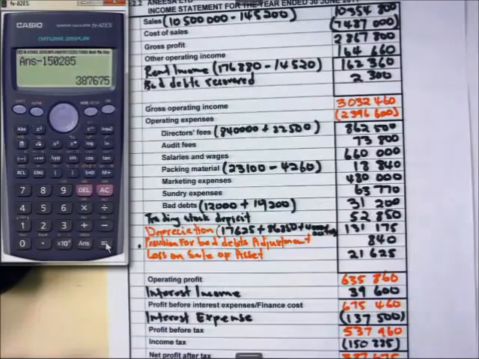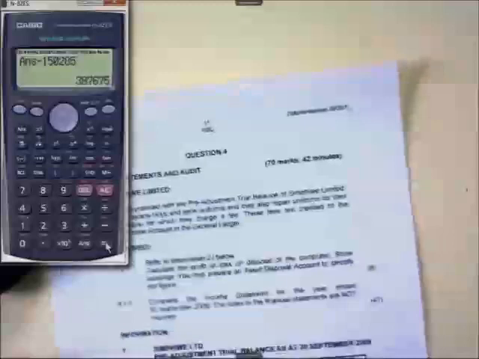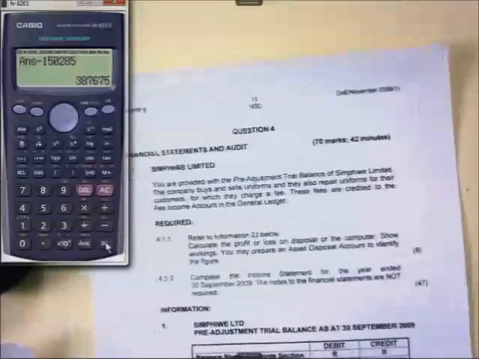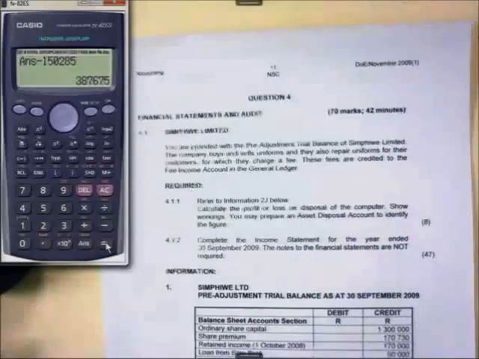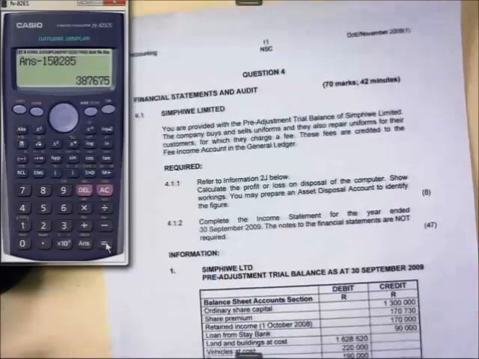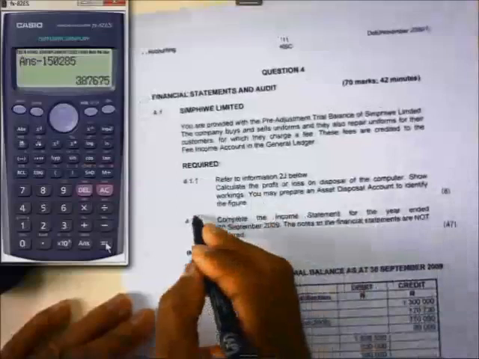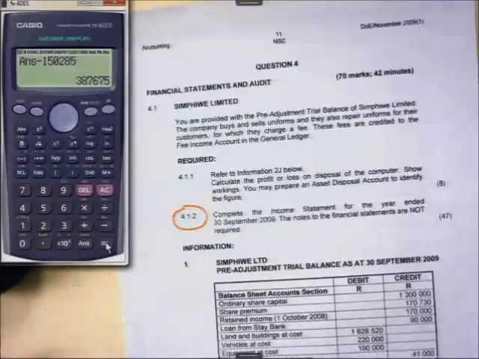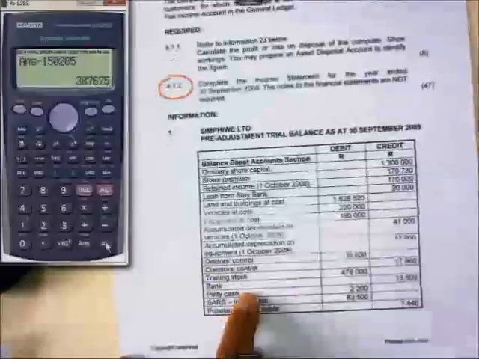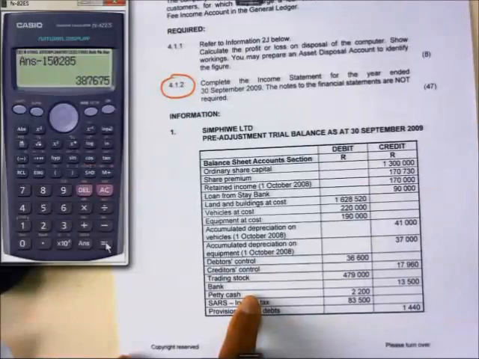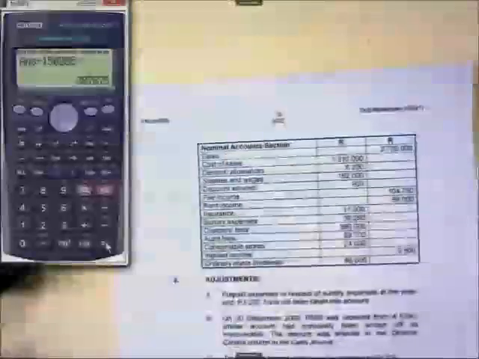In the few minutes that we have, we can also refer to another question paper, the November 2009 question paper. We only check information 4.1.2. Remember we said when you prepare the income statement, you don't check the balance sheet account section, you only check the nominal account section.